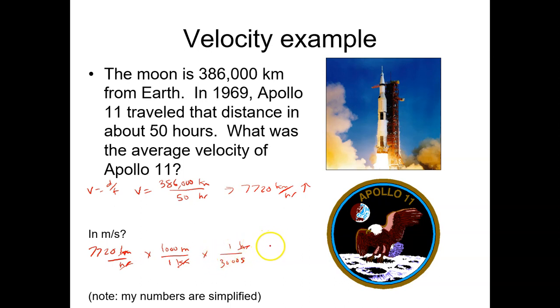So we multiply that out, 7,720 times 1,000 over 3,600, and you put it in your calculator, you get 2,100 meters per second to the moon. So a little bit faster than President Clinton was jogging. Again, if you don't quite get that dimensional analysis, we will practice more of that during class.